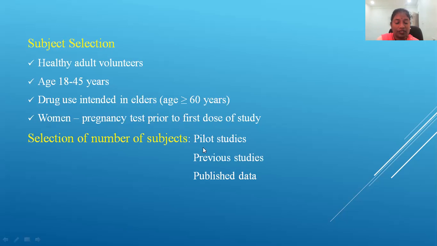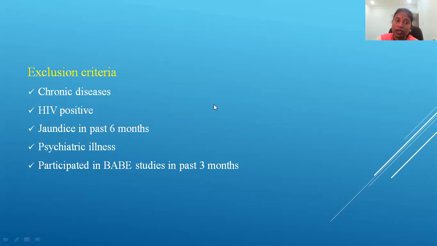And to select the number of subjects, you have to take the pilot studies, previous studies and published data, everything into account. And the next one is the exclusion criteria, meaning the conditions you have to check before.